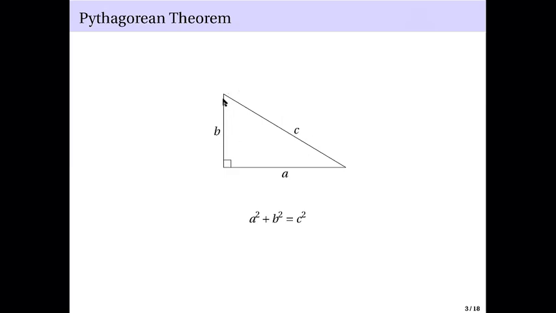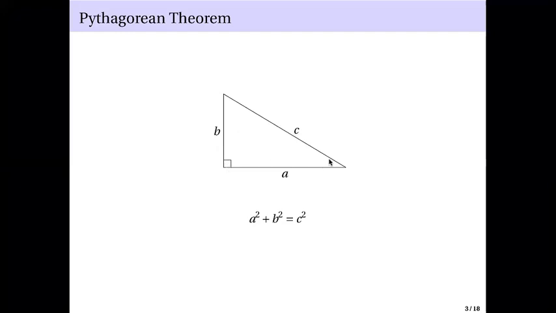So in here we have these two legs of the right triangle, and then we call the longest side of the right triangle the hypotenuse. Now there are three more important parts in here. One is the 90-degree angle.